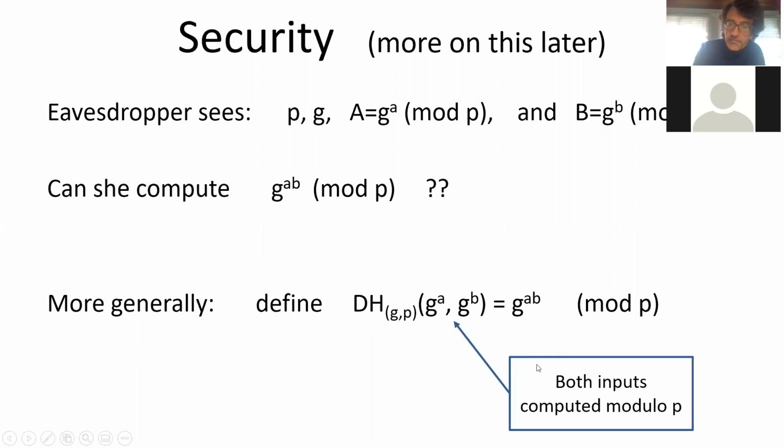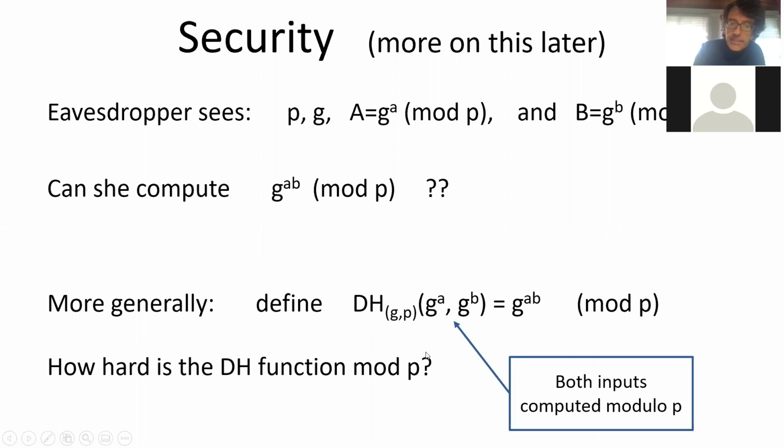The Diffie-Hellman assumption is that this function is hard, meaning that no polynomial time attacker can, with better than negligible probability, compute this function on random arguments given by the challenger.